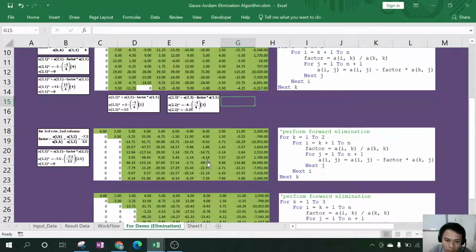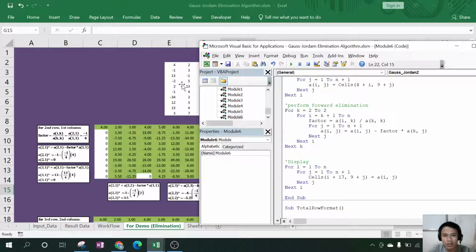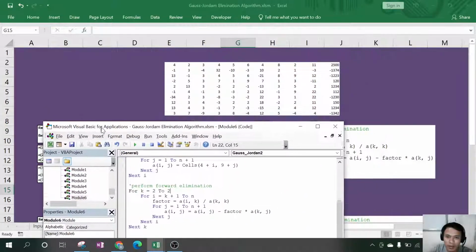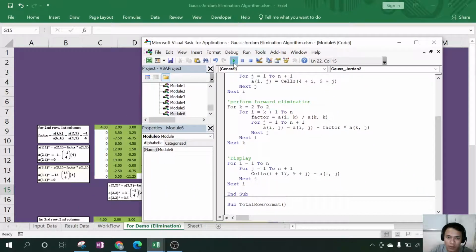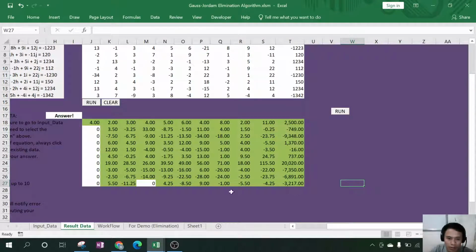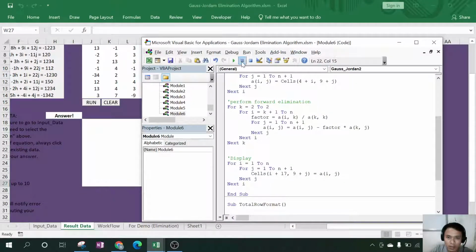Because if we use just 2 to 2, then it will read the previous data, where we didn't do the reduction on the second row first. So let's try to see if we're true. Let me clear it first, then let's run.